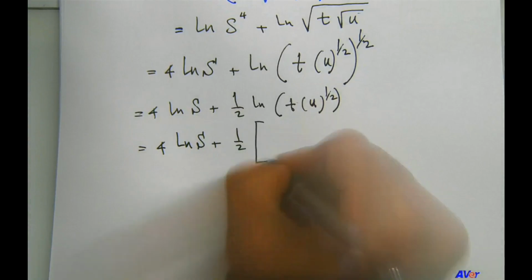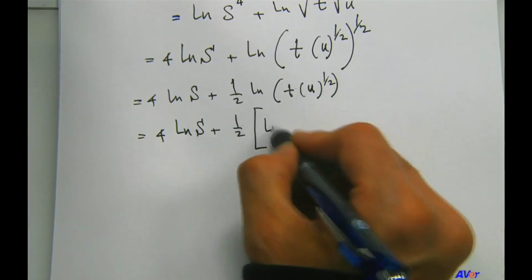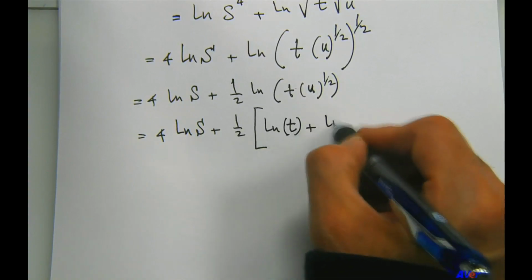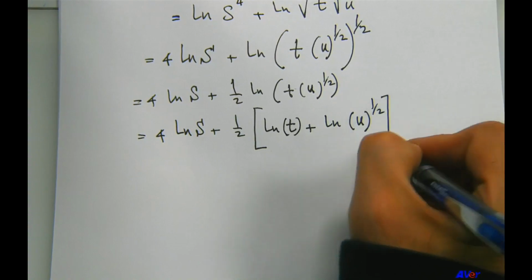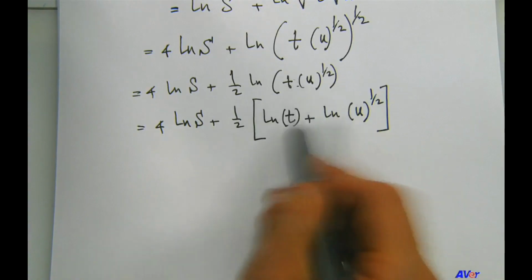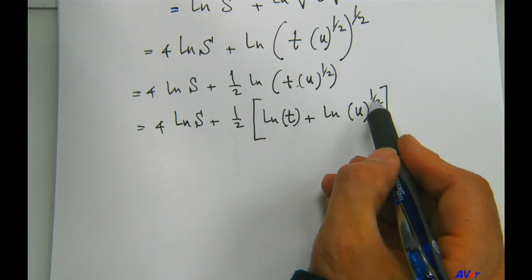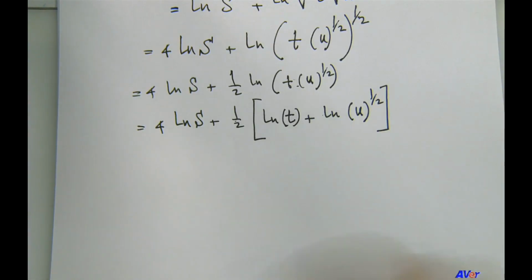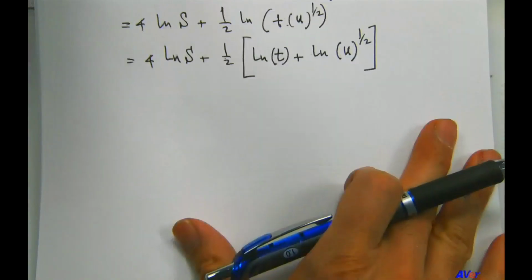So I'm going to put a bracket just to remind myself of that. Then we have natural log of t plus natural log of u to 1/2 power. So we expanded this product into addition of 2 terms. Now we can bring this down and in front, and we can distribute this 1/2 to both terms. That will be the full expansion of that original expression.